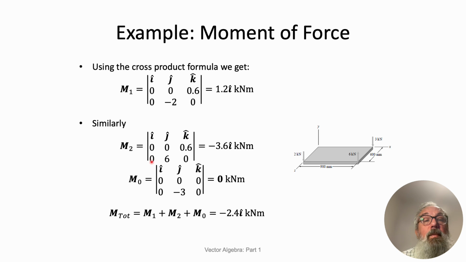Similarly, M2, the 6 kilonewton vector, comes out to minus 3.6, and well, we could look at the vector that we saw by inspection was 0. It comes out to be 0 because the distance of the vector here is 0. We add the 3 and we get 2.4, as expected.